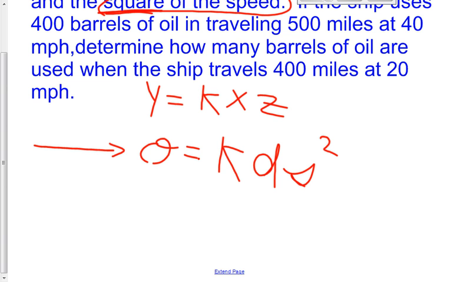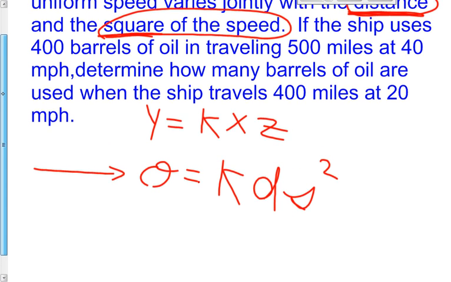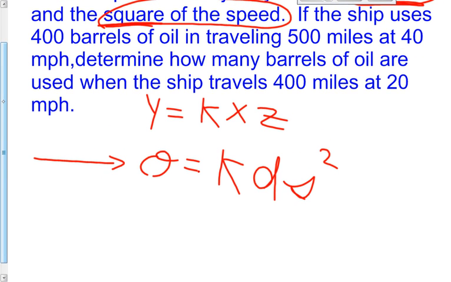So now, solving this one through, it says if the ship uses 400 barrels of oil, traveling 500 miles, that's our distance, and 40 miles per hour, there's our speed. With those three, one goes here, one goes here, one goes here, we can now find what our K is, which is what we've done in every single one of these problems.